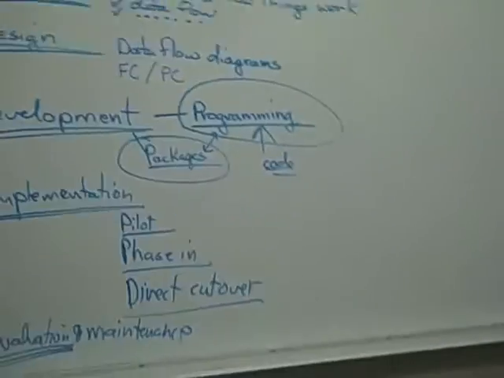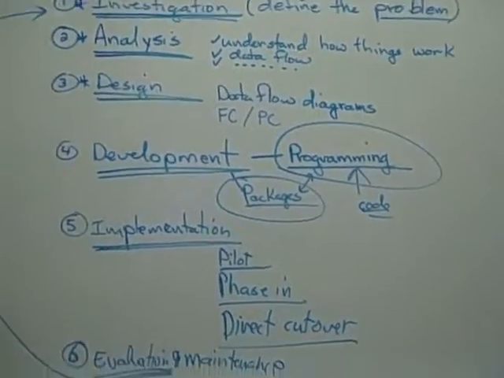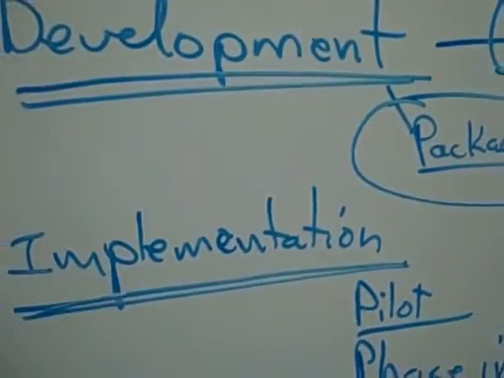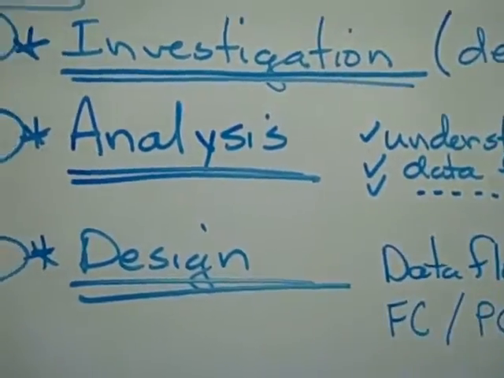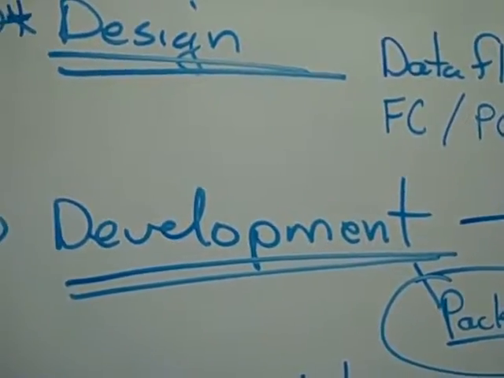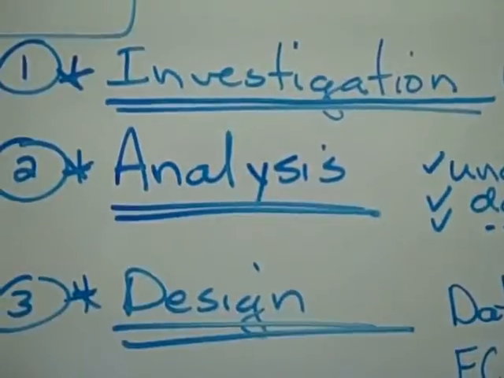And then I'll finish up today talking about a bottom-up. There's lots of things we do that's bottom-up. Bottom-up is you actually start building like a pilot or a test phase almost right away. You look at the investigation, the analysis, and the design briefly, and then you start development right away before you really know exactly everything you're going to put in it.